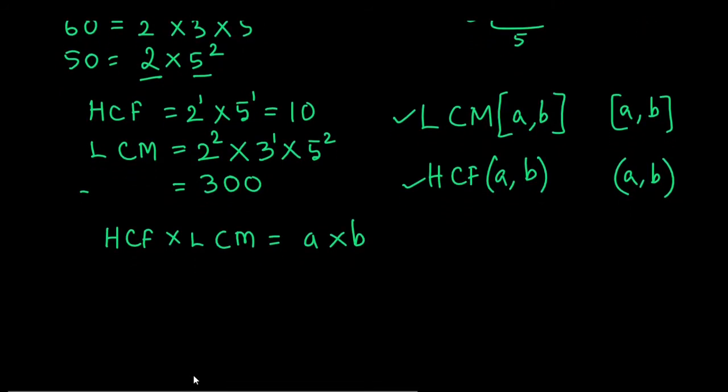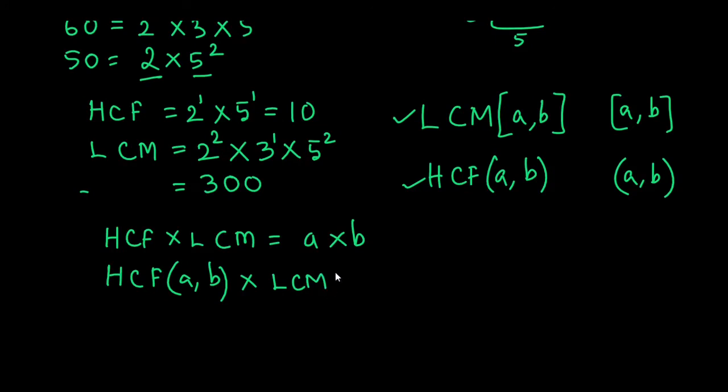We'll write it clearly now: HCF of A and B into LCM of A and B is equal to A into B. This relation is true for only two numbers. We cannot extend it like this for three numbers.